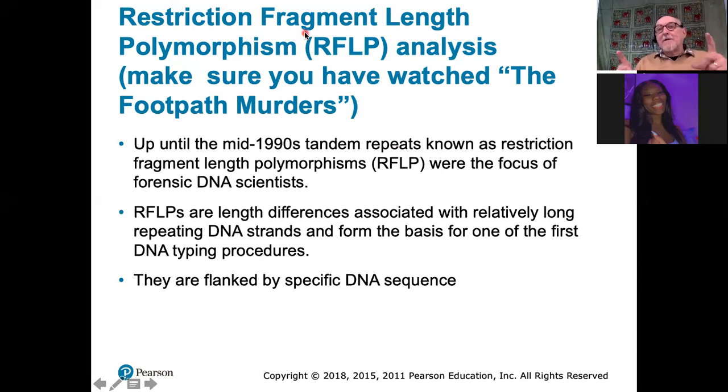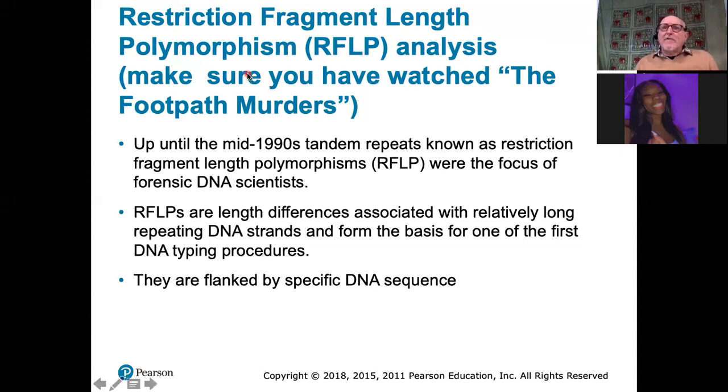A restriction fragment is a section of DNA that we cut out with specific enzymes. And when we use this technique, we cut with the enzymes, and the lengths of the DNA segments vary depending on how many repeats there are inside the fragment. So the next thing that is really important is the length. We're going to be measuring the length of those DNA fragments.